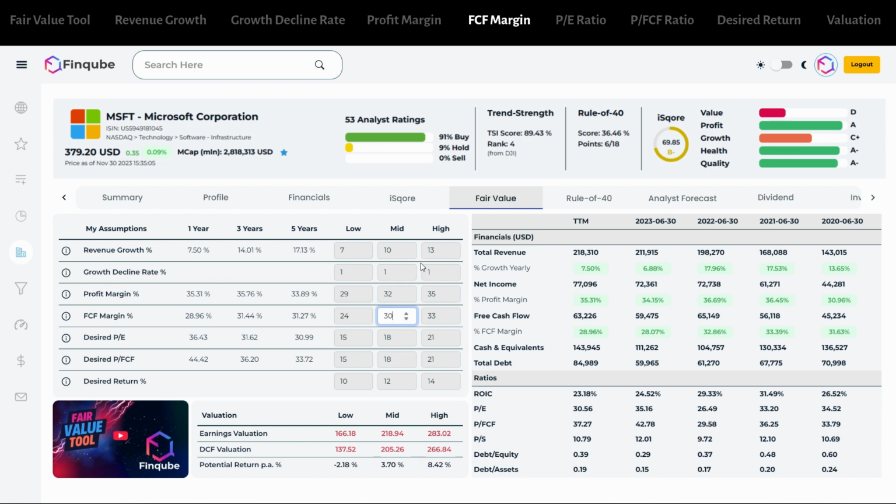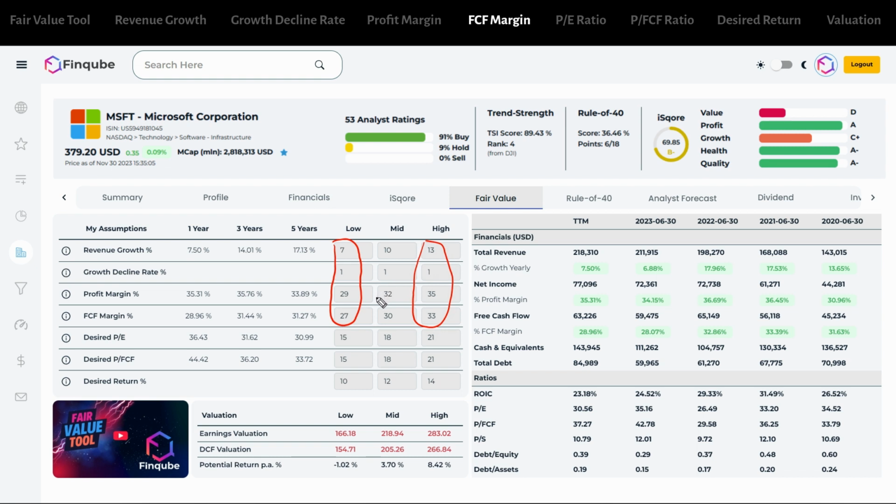So here we put 30 and here we put 27 in the low. I think those numbers are reasonable. And right now, when I see this, we have nice low assumptions and pretty nice high assumptions. And this is what the tool is about.